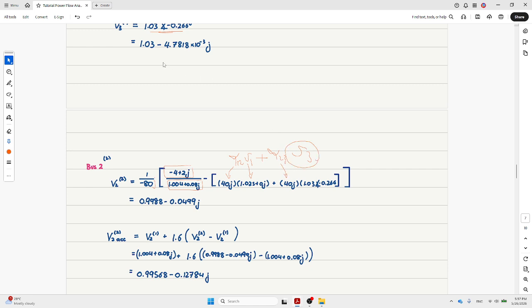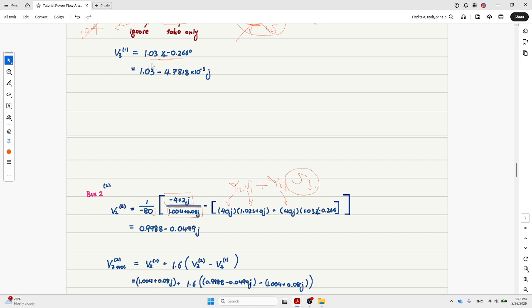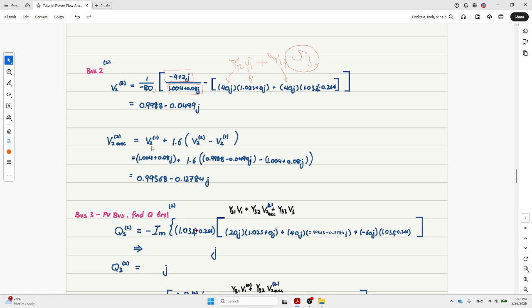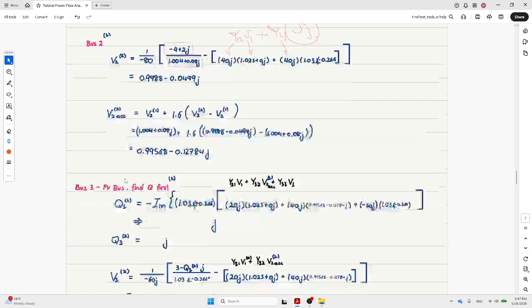V3, we use this new value, which is coming here. So you can see it's replaced by here. After that one, you have to accelerate again in the same procedure. And this is the accelerated value by here for the V2. And then again, we already done with bus 2, jump to the bus 3.